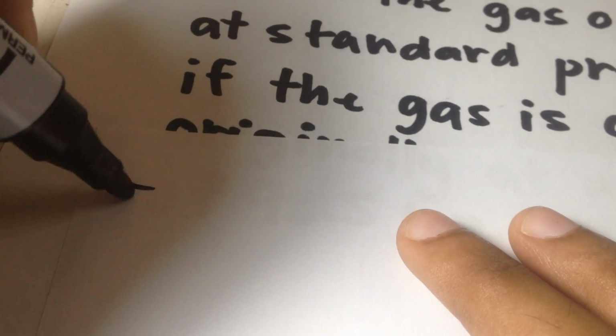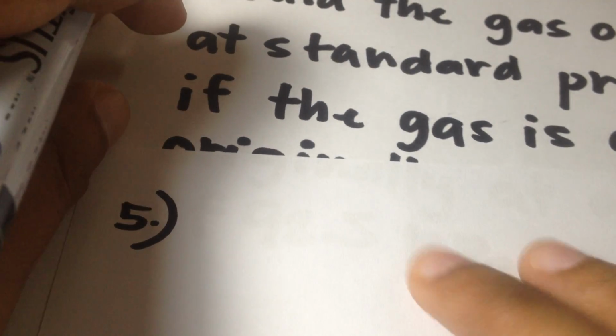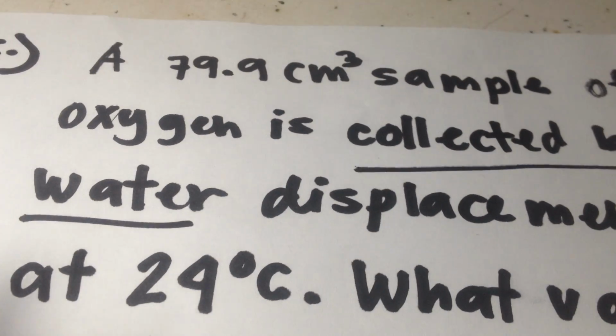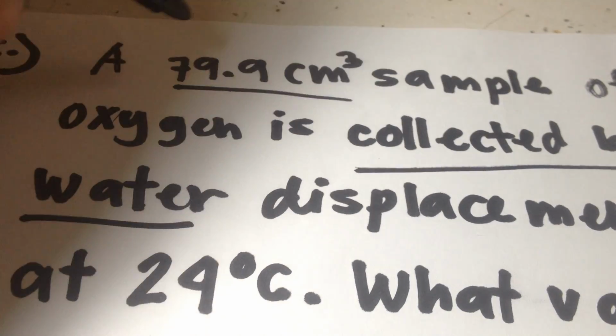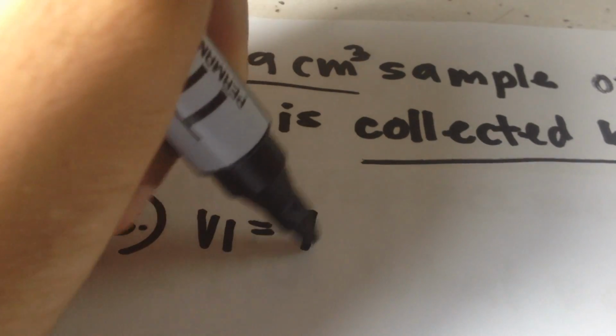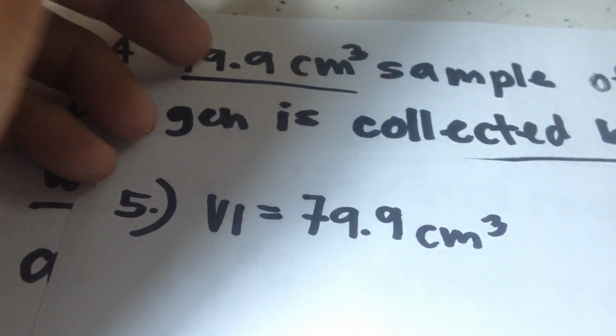Number 5. So the volume 1 here is 79.9 cubic centimeter.